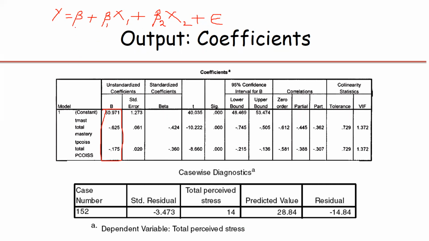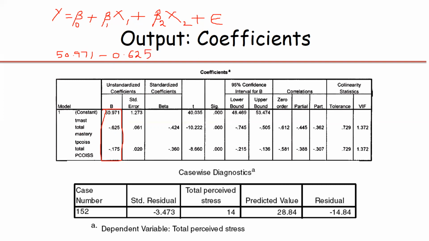The first estimate, beta naught, is 50.971. So the model can be written as 50.971, which is the estimate of beta naught in the model. Instead of plus, we have a negative slope here, so minus 0.625 x1.